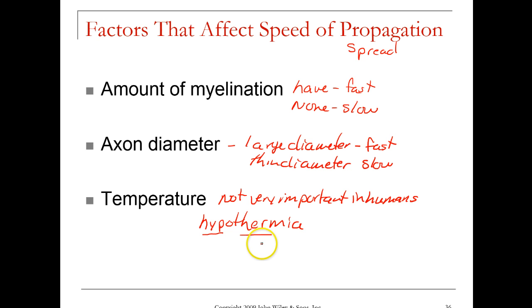Someone who's hypothermic often won't be able to think clearly, and that's because all of the nervous impulses, the action potentials in their brain have slowed down, so they can't think very well, and when you try to control your muscles, you can't control them very well either because of the hypothermia. But normally, as long as you're maintaining a proper body temperature, it's not going to be an important consideration.